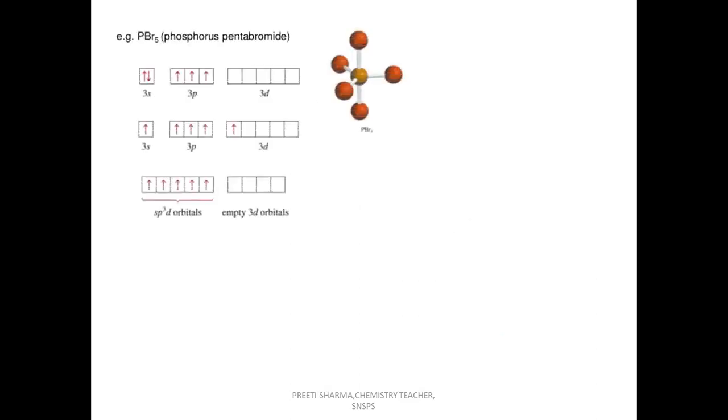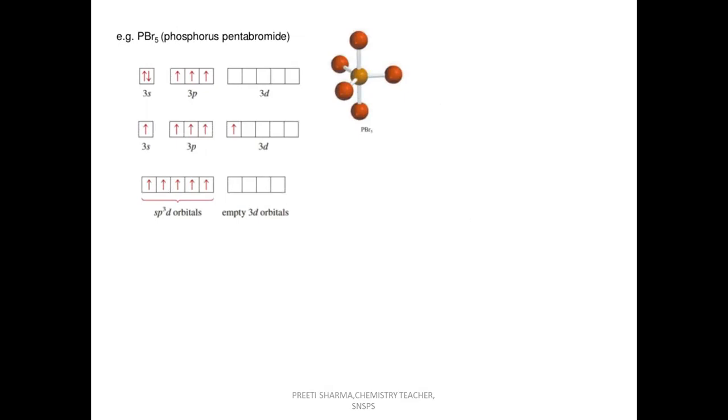A few other examples, showing sp3d. Here we have taken one example of PBr5. Again, the same concept. First of all, write down the electronic configuration of phosphorus, that is 15. It comes out to be 3s2, 3p3. But how many atoms have to be attached? 5. But I have only 3 half-filled orbitals.